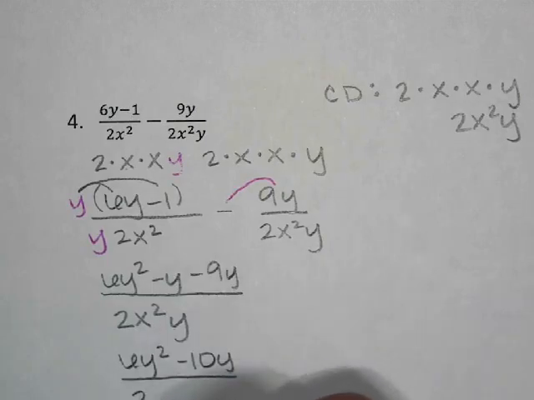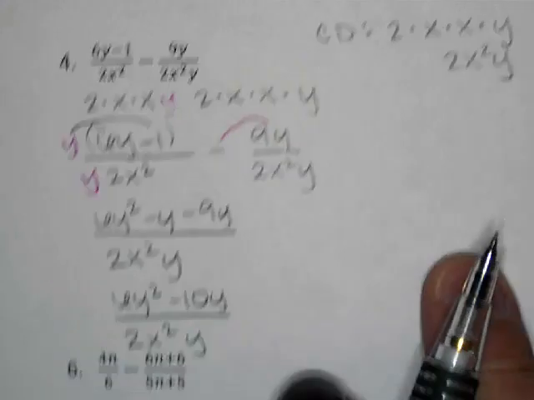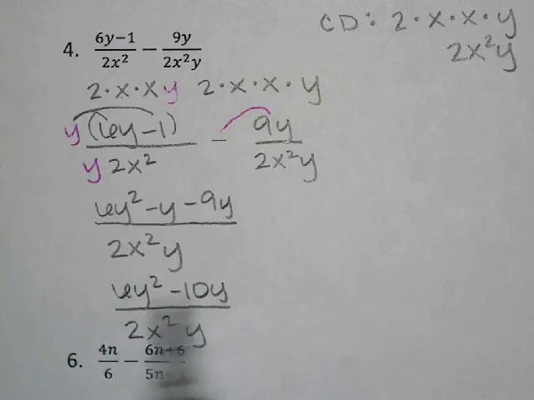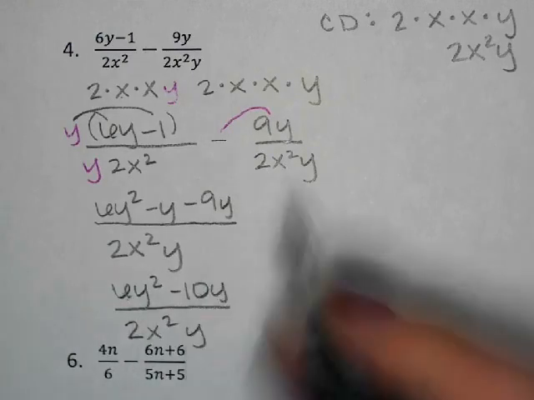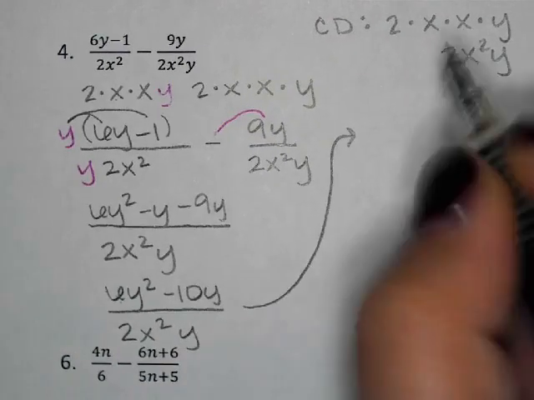So you can take out a 2 out of everything. So we could take out a GCF of 2 up here. What else could we take out? 2y. Okay, so on the top, we're going to take out a GCF of 2y. And that would leave you with 3y minus 5.